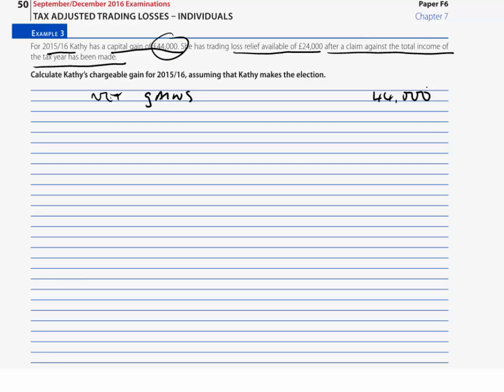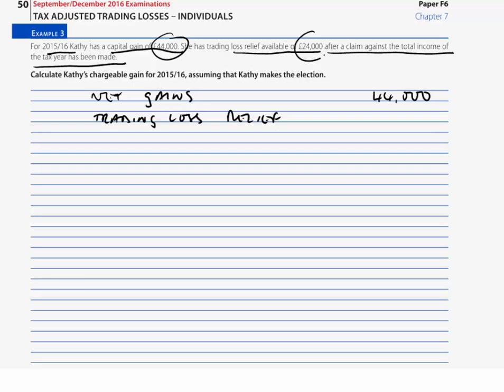But I stress, you would take away any capital losses given within the question as well. What can we now do? Subject to that maximum loss calculation, I'll go back to it in a few moments' time, we can now take this extended trading loss relief.